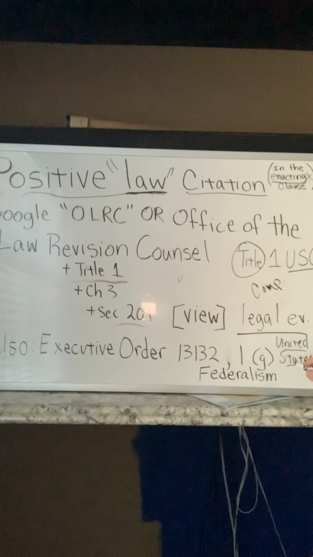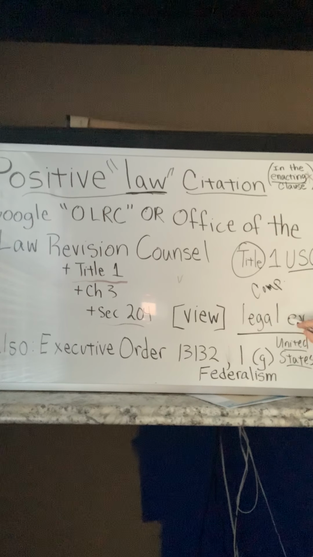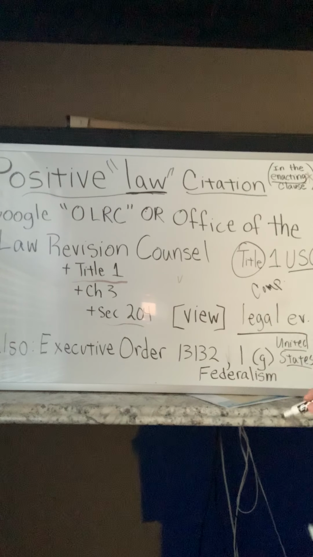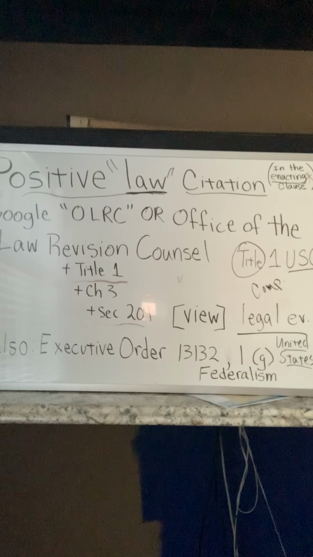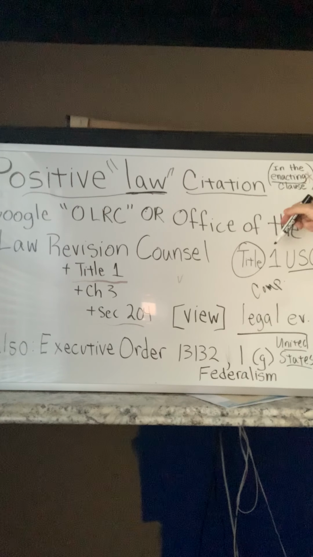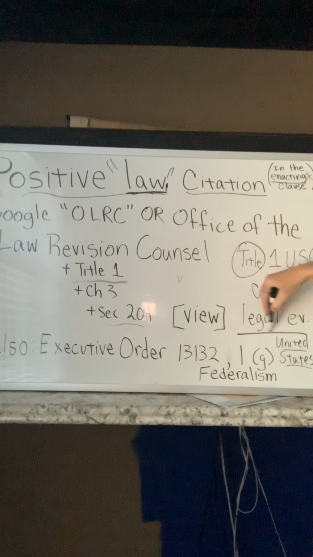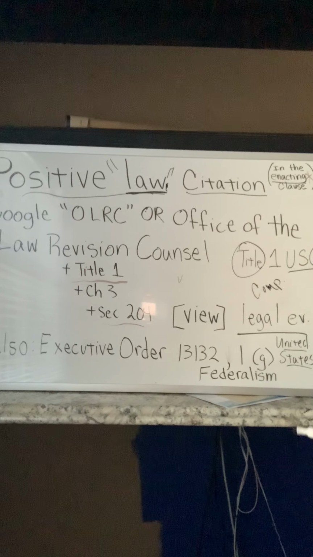That means that without a positive law citation, it's not evidence. It's not legal evidence in all the courts of the United States. So how is it that these titles, not made into a law, are used as legal evidence in courts? Okay, I'm going to explain that to you.